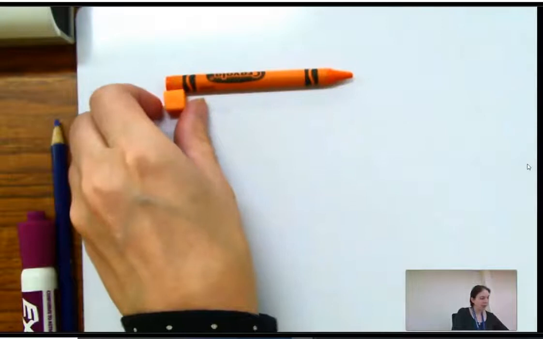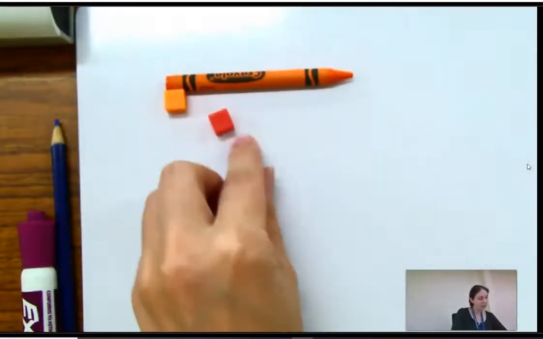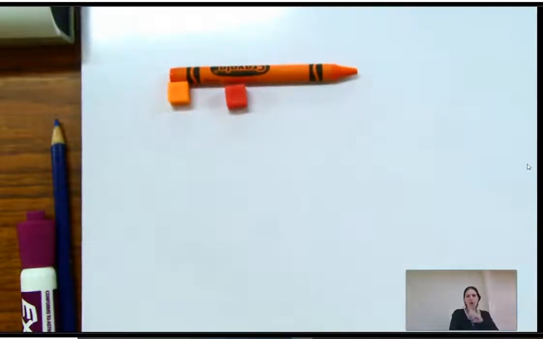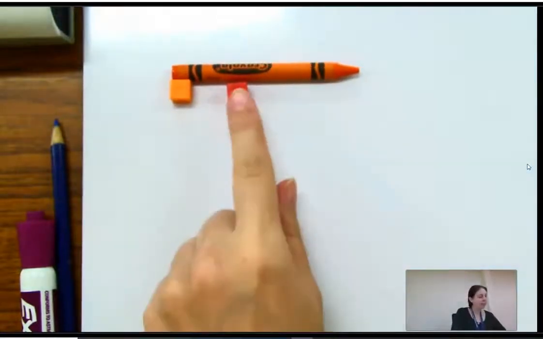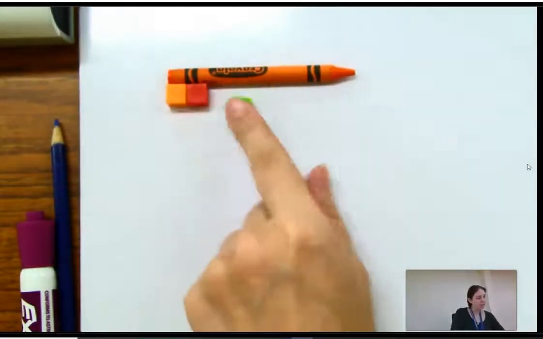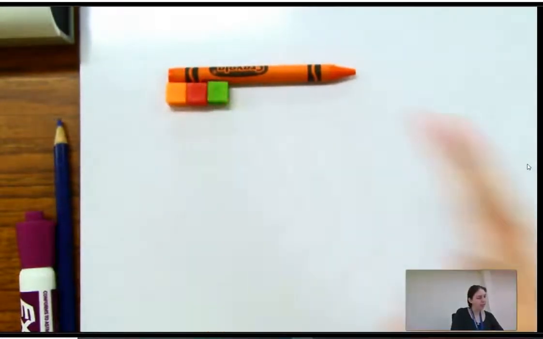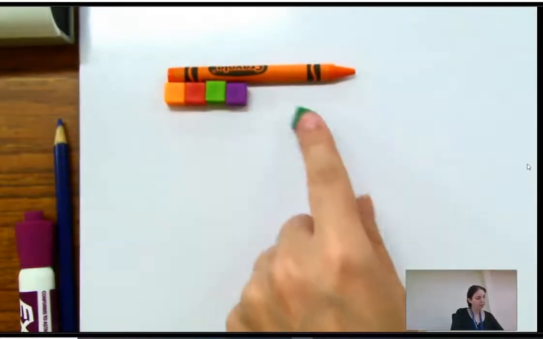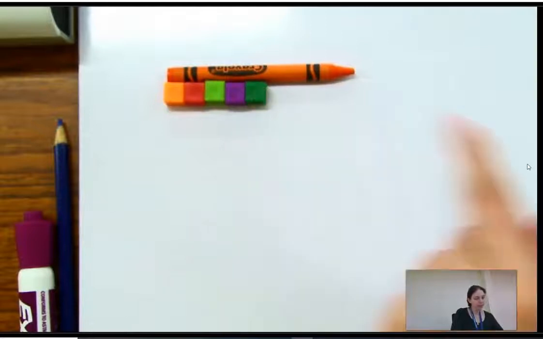Help me count. 1. And remember, am I going to leave a space like that? No, we have to line it up right against, no spaces. 3, 4, 5.